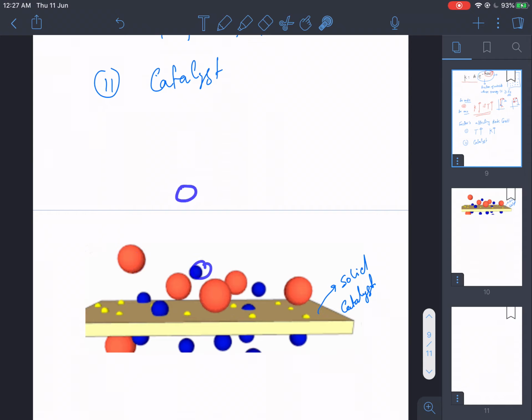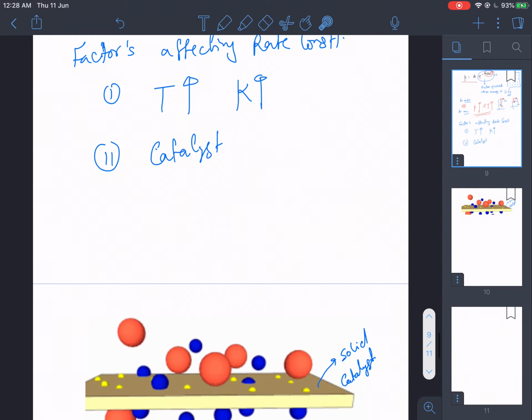So earlier, when these molecules were coming close to each other, there was a bigger repulsion. But now this surface is attracting this molecule also, this molecule also, and this molecule also. If now this is attracting this, then the combination of these two, which was earlier very difficult, will now become easy just because of this catalyst.